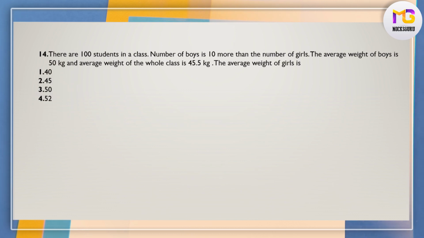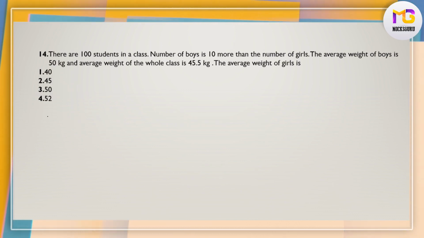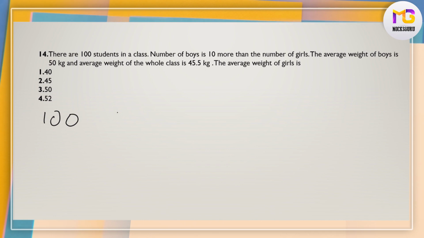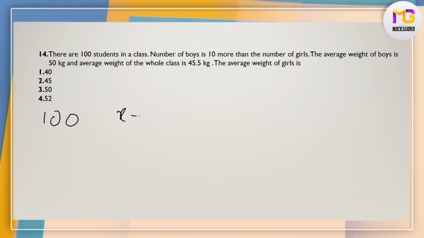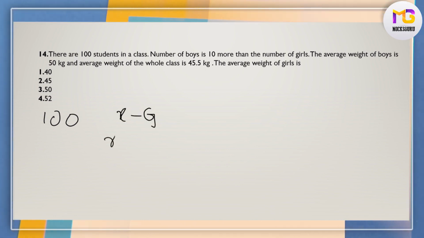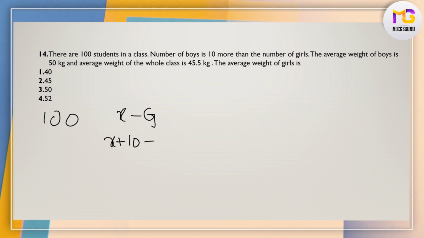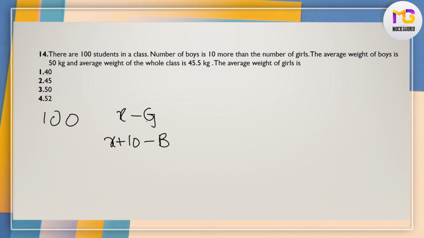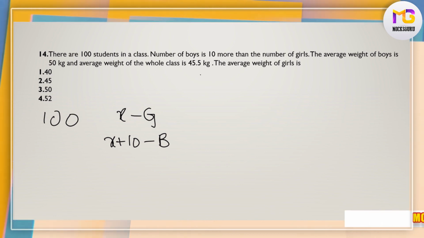Then moving to the next question. This is regarding averages. They have given there are 100 students in the class. Then they have given the number of boys is 10 more than the number of girls, which means if girls are x, then x plus 10 is boys. The average weight of the boys is 50 kg and the average weight of the whole class is 45.5 kg.